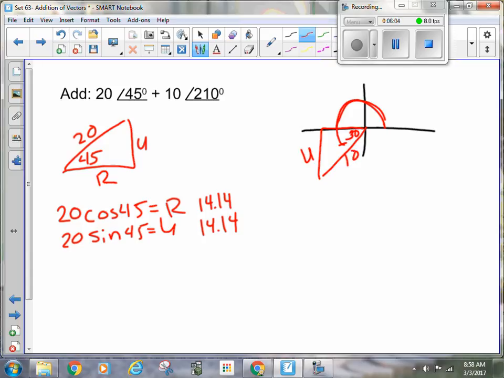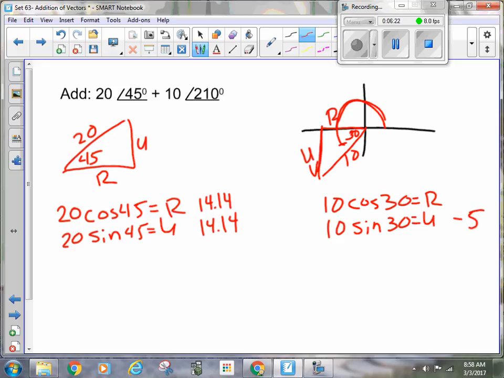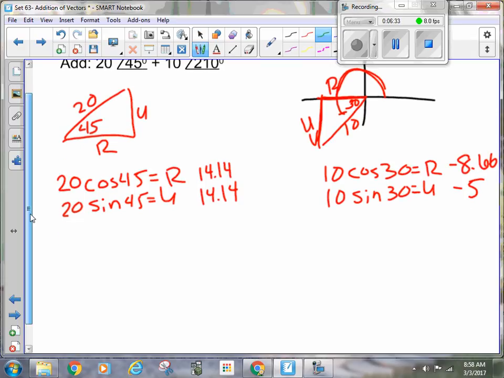So we have our U and our R. Okay, so we can say our 10 times the cosine of 30 is our R, and 10 times the sine of 30 is our U. So our U ends up being 5, but remember we are going down, so we're going to make that negative. And our R ends up being 8.66, but remember we are going to the left, so we're going to make that negative.